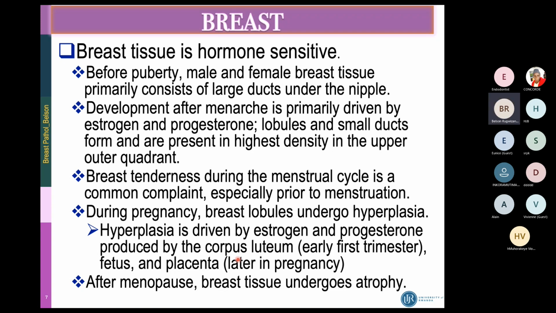Also, when a woman is pregnant or breastfeeding, the size of the breast will increase because the secretory cells will be sensitive to progesterone, and they will make a lot of milk. To make a lot of milk, they need hyperplasia. So the number of epithelial cells will increase, and thereby the size of the breast will increase.